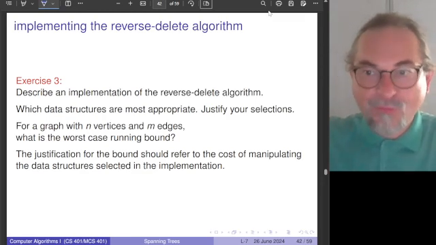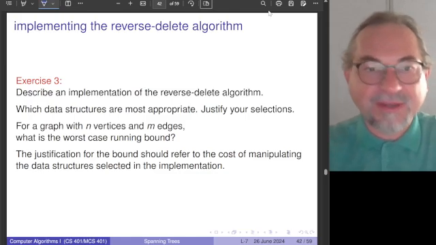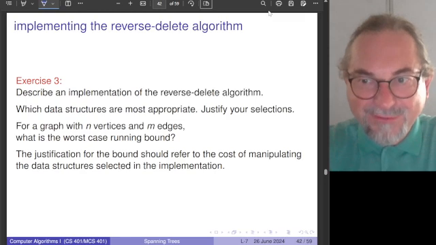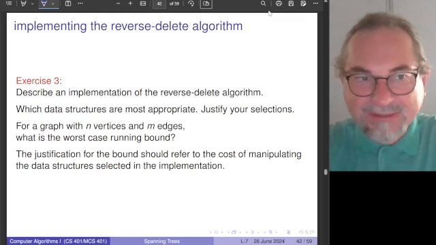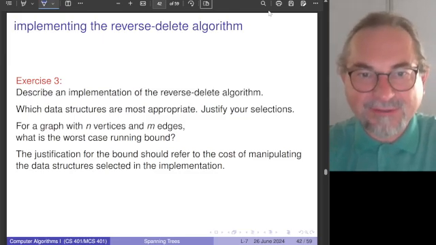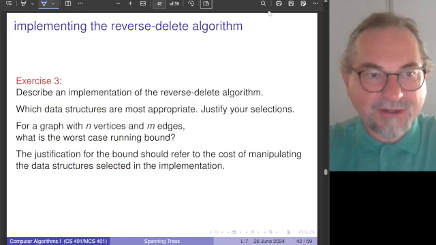You just remove things, so you just wiped things out. Doing things by hand and doing things on a computer is different, so that is not necessarily the best way to go.